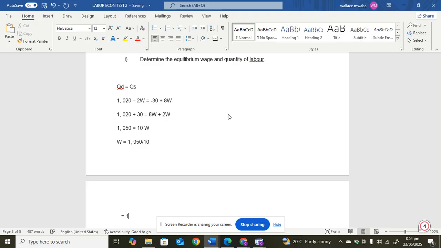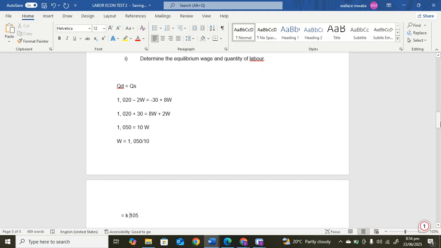You get 105 kwacha per hour. This is the wage rate, 105 kwacha per hour. So basically, this is what people are getting paid in this industry. Okay, 105 per hour. Any questions?